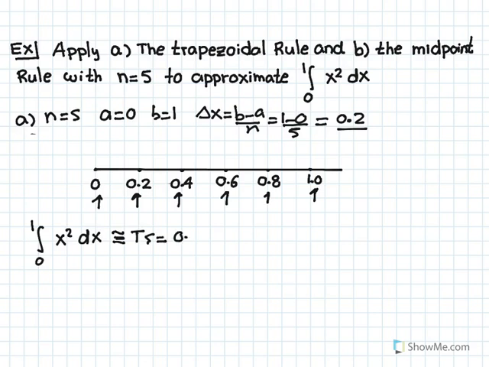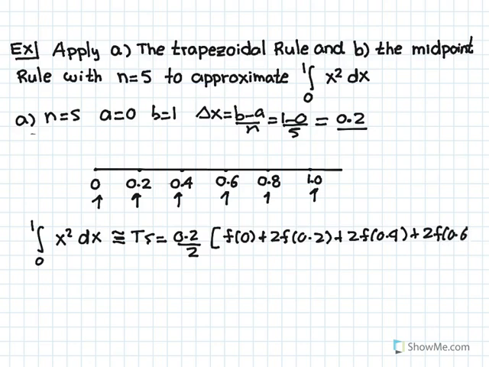That's delta x, which is 0.2, divided by 2, times the function evaluated at 0, plus 2 times the function evaluated at the x value of 0.2, plus 2 times f of 0.4, plus 2 times f of 0.6, plus 2 times f of 0.8, plus f of 1.